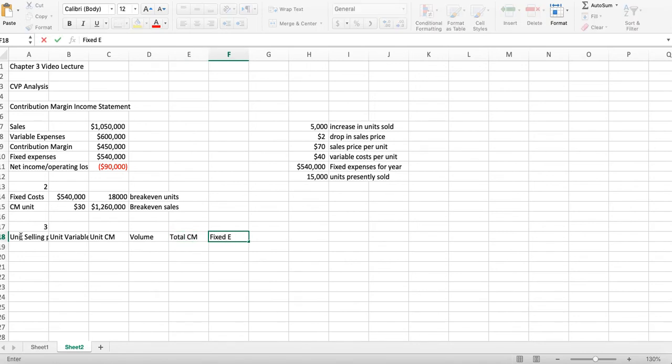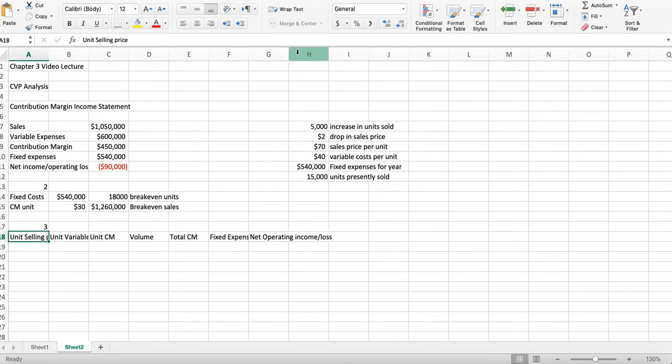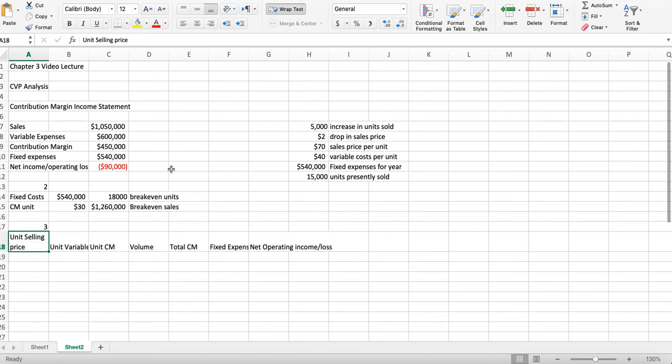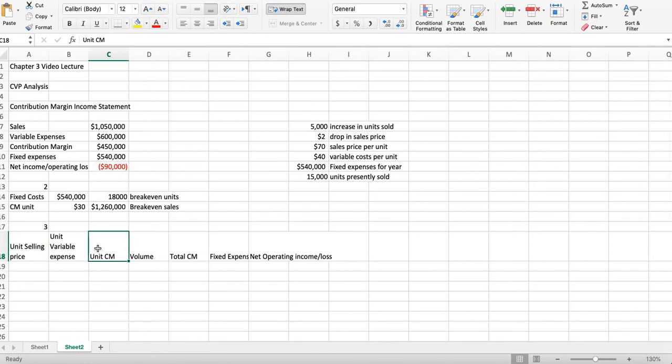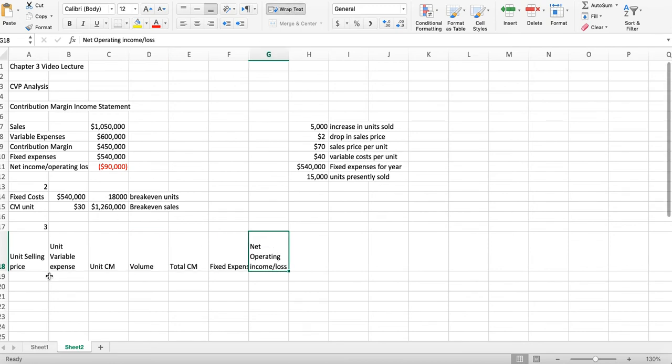Right now I'm just setting up some columns. I've got my unit selling price, my unit variable expense, my unit contribution margin, and then I have my fixed cost, net operating income. I'm just going to format these a little bit. This one will wrap that text as well.